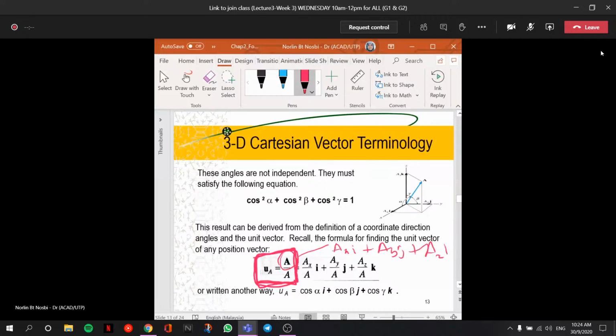So you place this coordinate into vector A, and the equation would be Ax over the magnitude A I plus Ay over the magnitude A J plus Az over the magnitude A K.